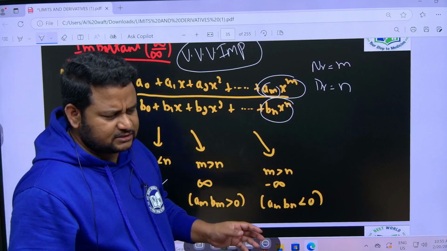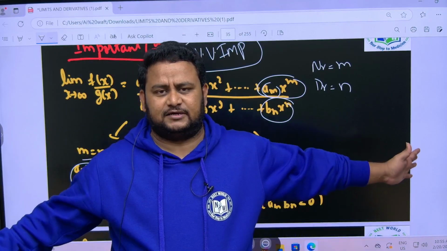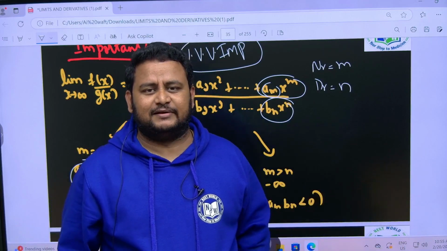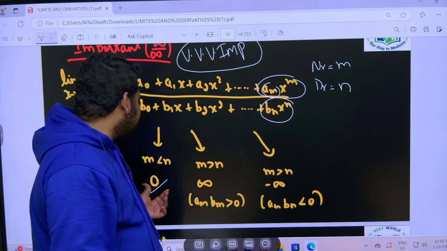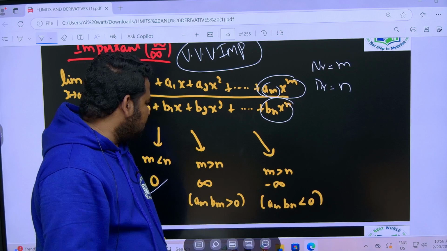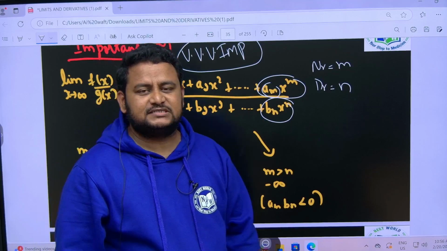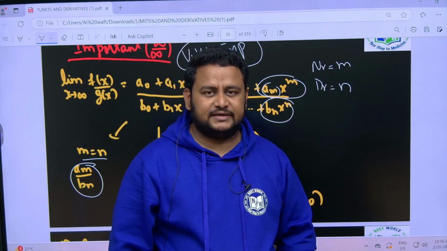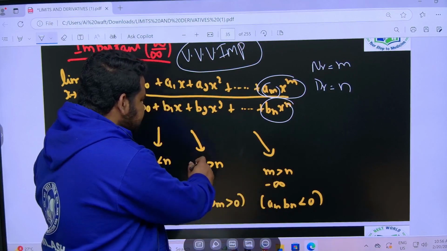When the denominator is so big, you will get the value as 0. Right. Now, in case the degree of numerator is greater than the degree of denominator, that is m is greater than n.